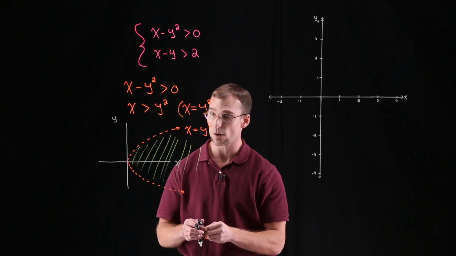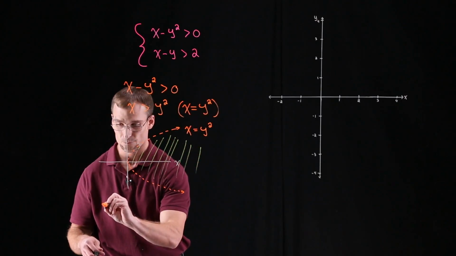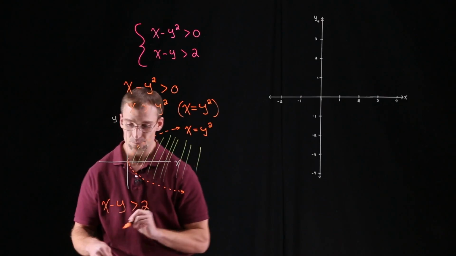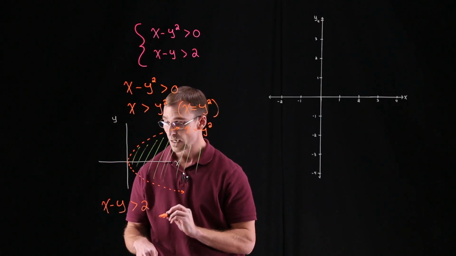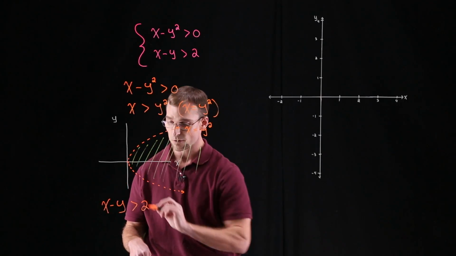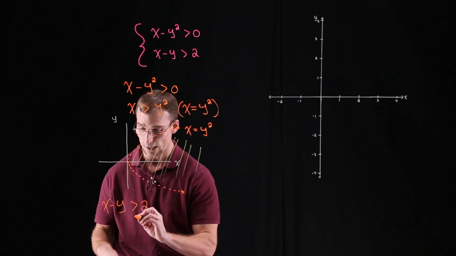Now what about our next inequality, x minus y greater than 2? Here we don't have anything being squared, just x to the first and y to the first. So we can write this as something linear by solving for y.